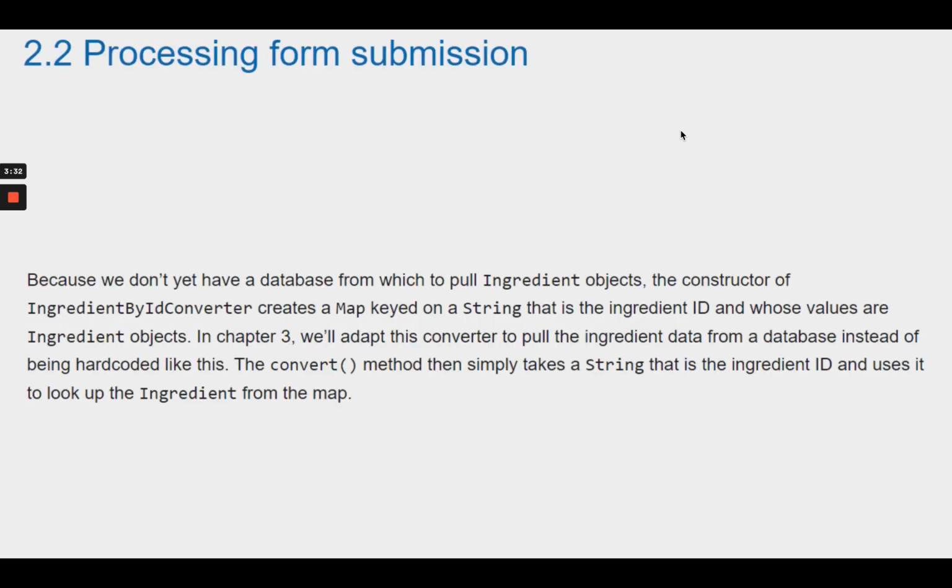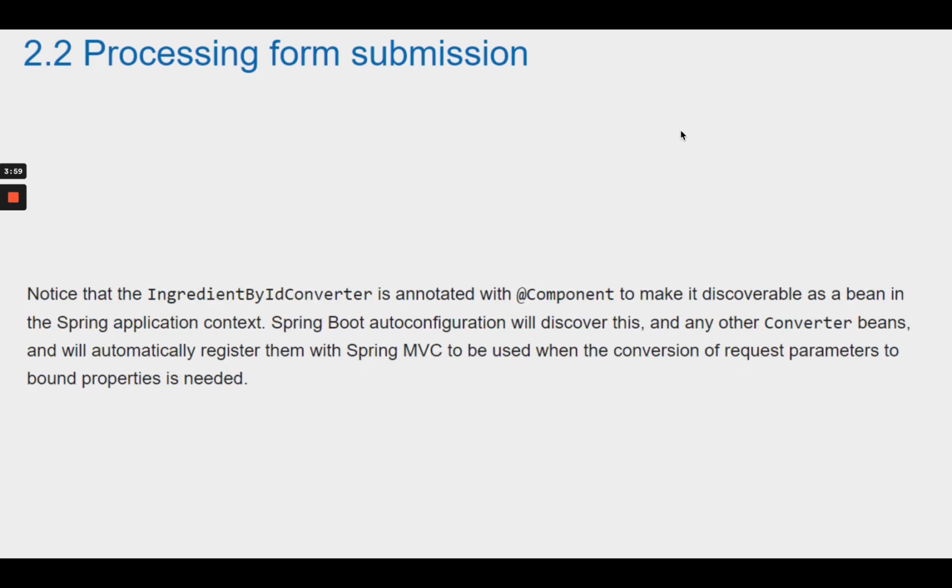Because we don't yet have a database from which to pull Ingredient objects, the constructor of IngredientByIdConverter creates a Map keyed on the String that is the ingredient ID and whose values are Ingredient objects. In Chapter 3, we'll adapt this converter to pull the ingredient data from a database instead of being hard-coded like this. The convert method then simply takes a String that is the ingredient ID and uses it to look up the Ingredient from the Map.